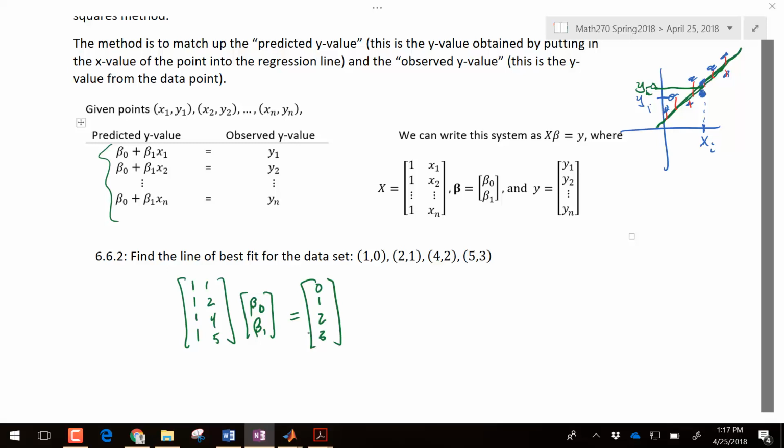Now, if you remember, we can easily jump to the solution if we remember the formula. We have X transpose times X, and then the inverse of that, and then X transpose times Y. In keeping with this notation, we'll call this the beta, and then we'll call this the Y vector.